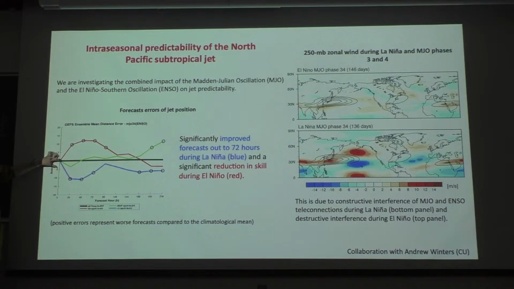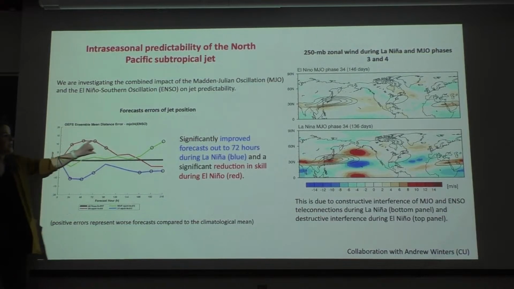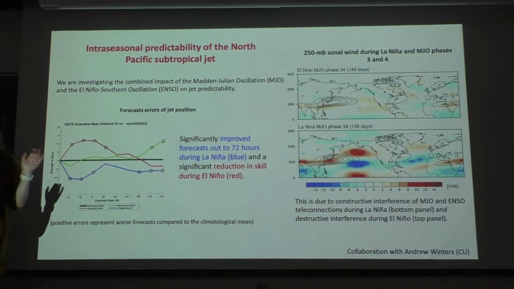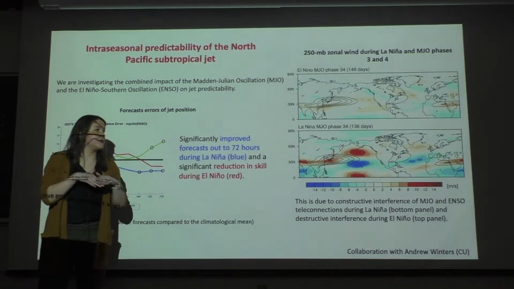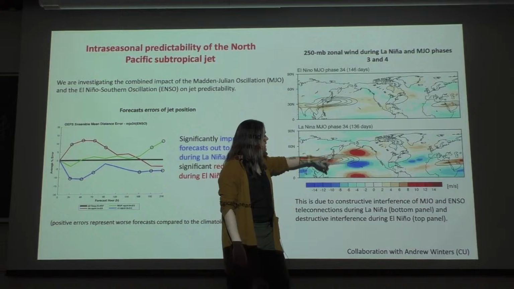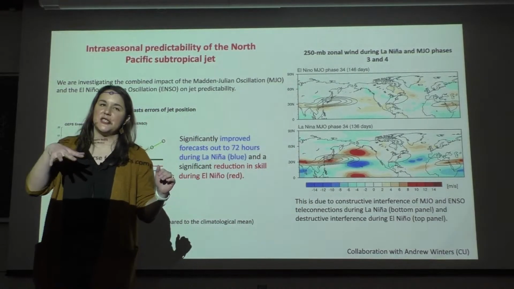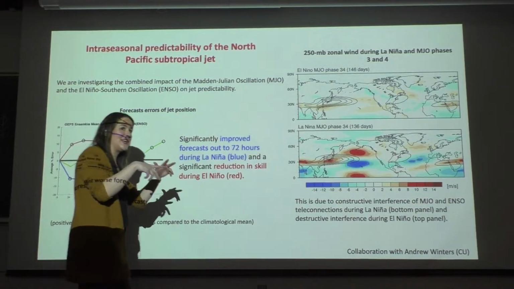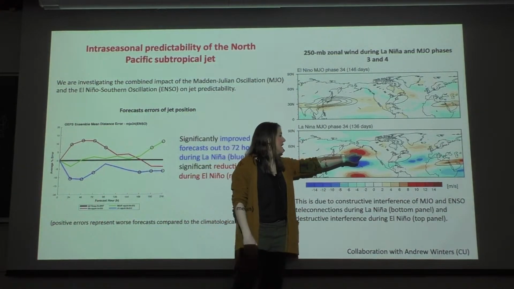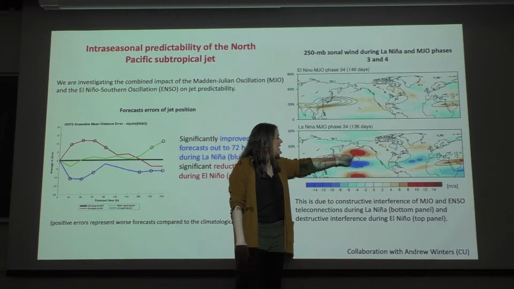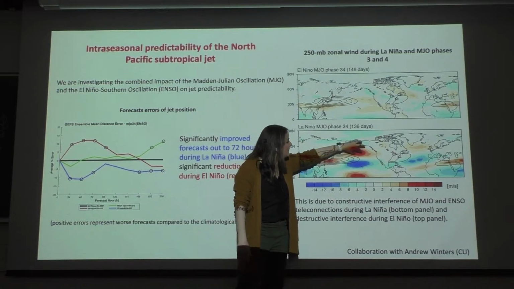What we see is that these negative numbers mean improved forecasts. So we have better forecasts of the North Pacific jet during La Nina versus El Nino. Part of the reason has to do with how the teleconnection patterns of ENSO and the MJO interact with each other. During La Nina, you get what's known as constructive interference, which means both the MJO waves and the La Nina waves result in, this is zonal wind, an anticyclonic anomaly over the North Pacific.